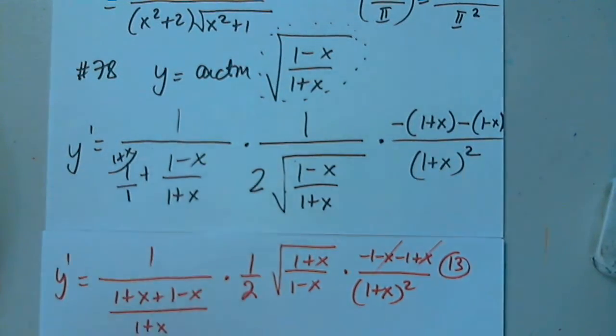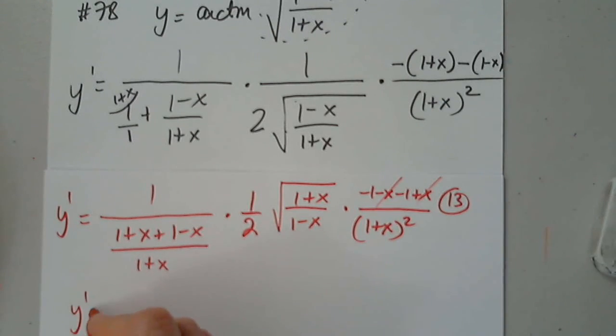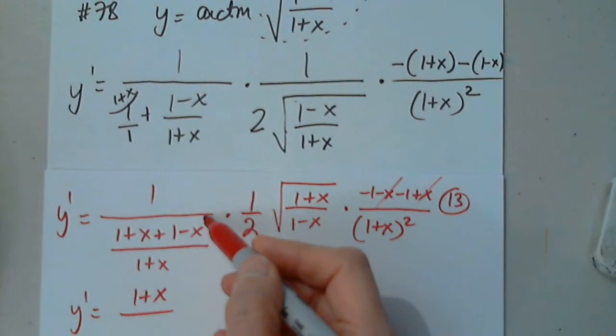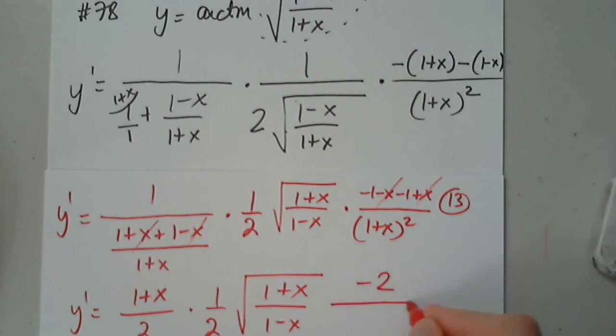These two go away. Okay, so y prime, this goes to the top, 1 plus x. These two go away, so over 2 times 1 over 2 times the square root of 1 plus x over 1 minus x. -2 over 1 plus x squared.